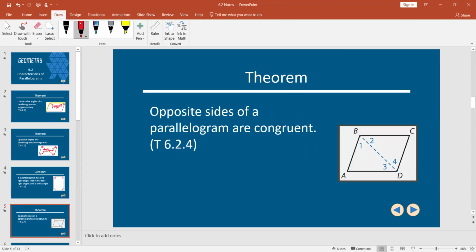All right, moving on. Opposite sides of a parallelogram are also congruent. If you bisect your parallelogram, like they've done here with the dotted blue line, you've created two triangles. Because these lines are parallel, if this is the transversal, then its alternate interior angles are going to be congruent.